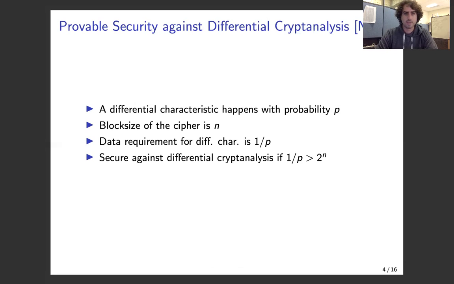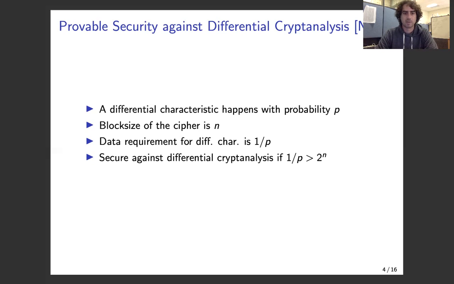Basically, if we have a differential in a cipher which happens with a probability P, then we need at least 1 over P data, so input pairs with a certain input difference, to be able to see this property in the cipher.